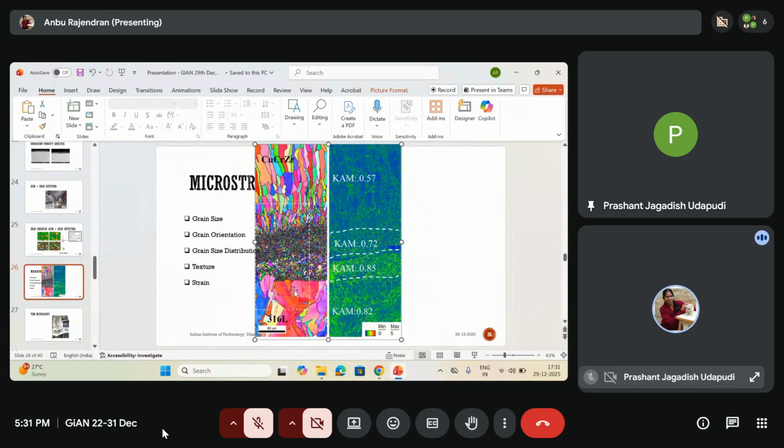Within a grain, it is supposed to have a uniform color, right? But here you can see a gradient within a grain. So it indicates that there is a presence of stress. You won't get quantification with this, but you can get a qualitative analysis of the presence of stress. Okay, ma'am, thank you, ma'am.